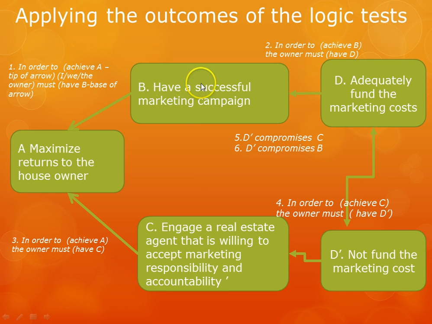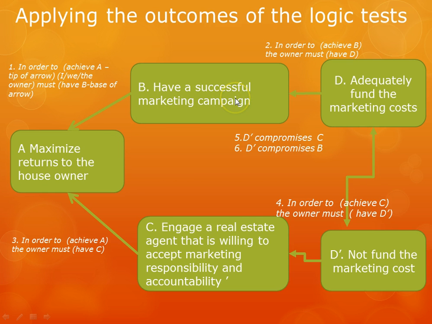And so a successful marketing campaign will have that as a requirement, that it creates a competitive environment, that there's tension created by two or more potential bidders, and that there's a conclusion reached within a timely fashion so that it doesn't drag on and on. These are all necessary requirements of a successful marketing campaign, and it's covered by this relationship here.